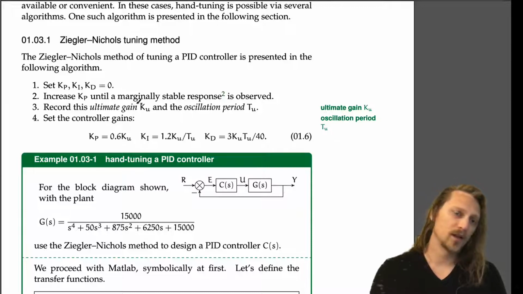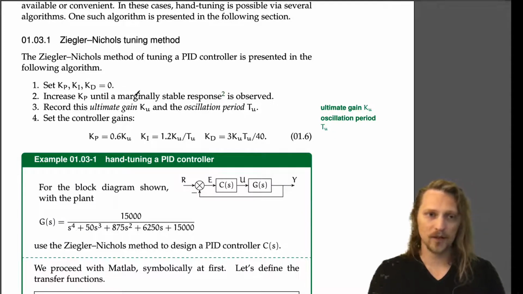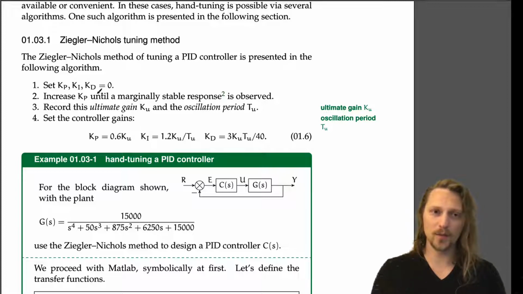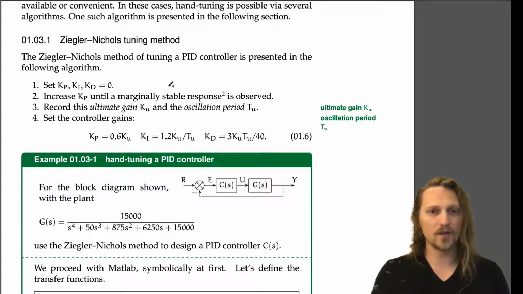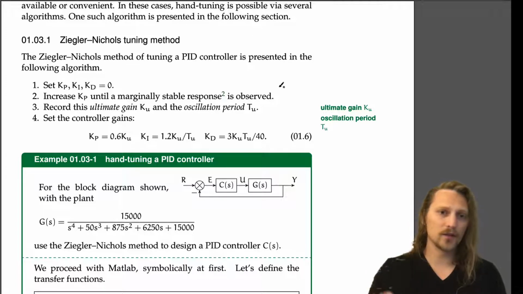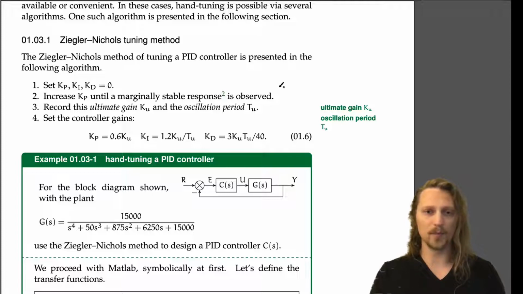Step 1, set all the gains to 0. Step 2, increase the proportional gain, remember that's our workhorse, until a marginally stable response is observed. This is typically a steady oscillation with a constant amplitude.